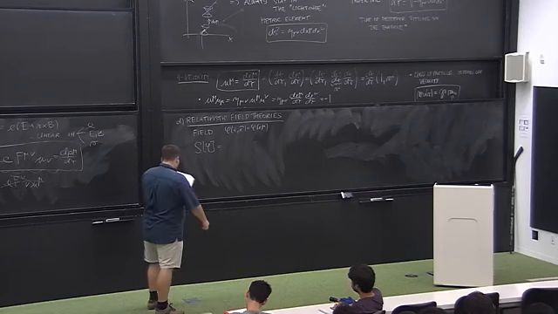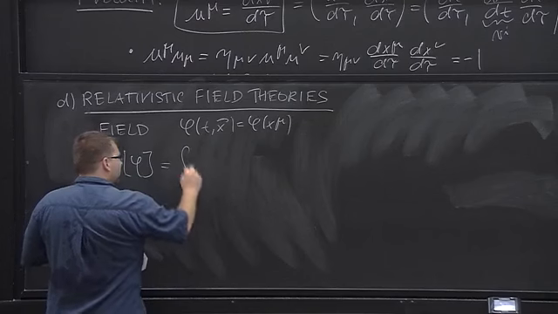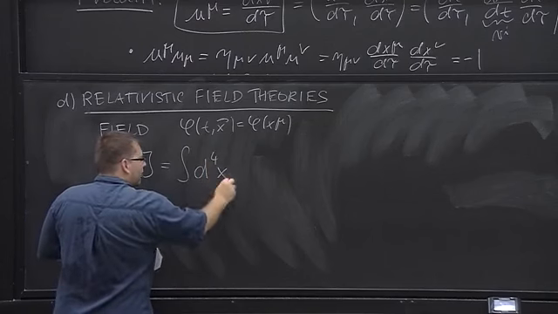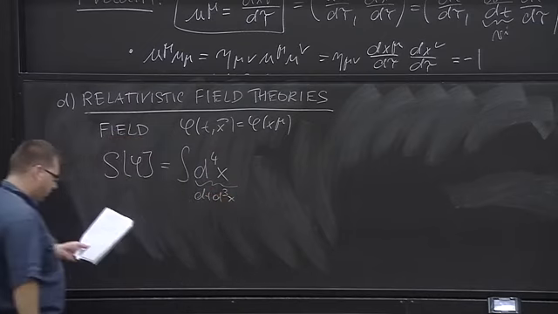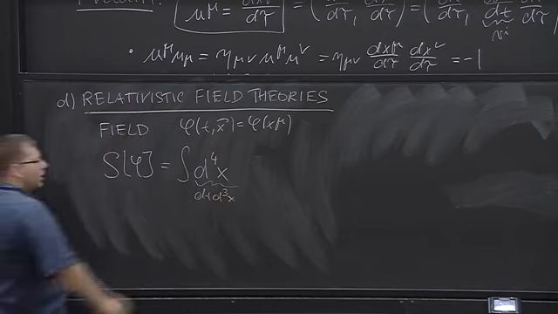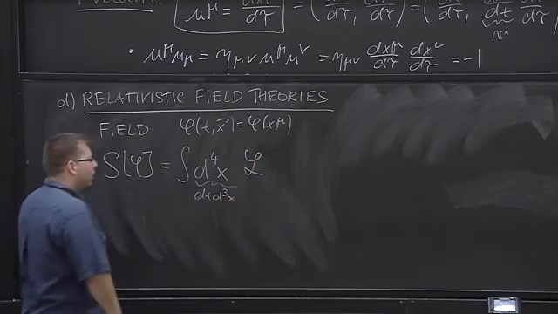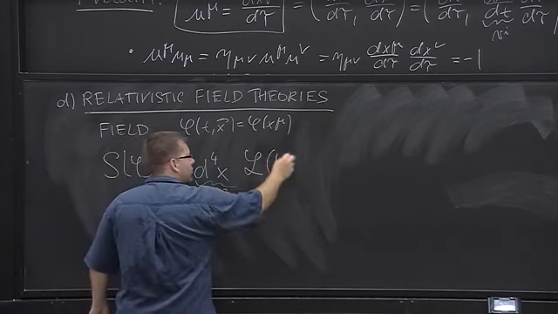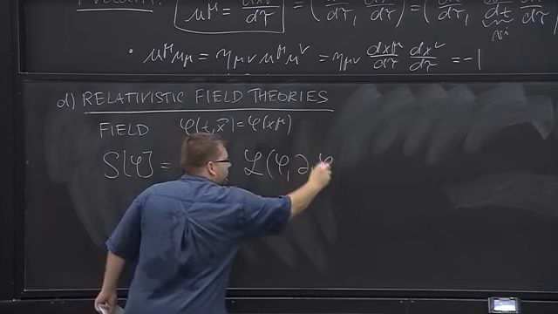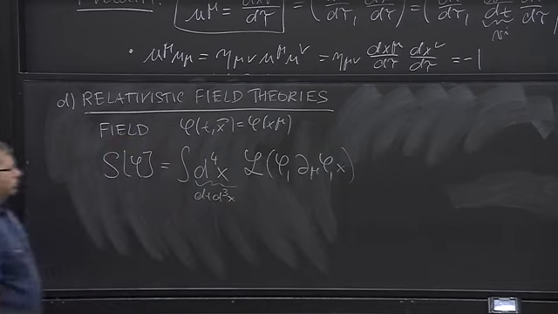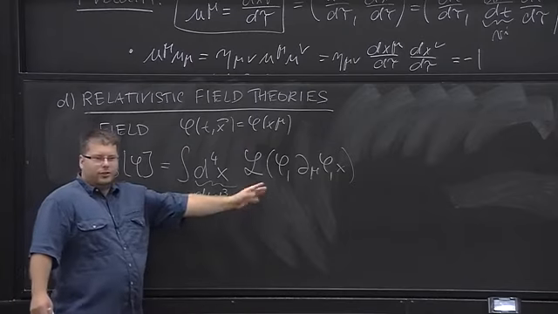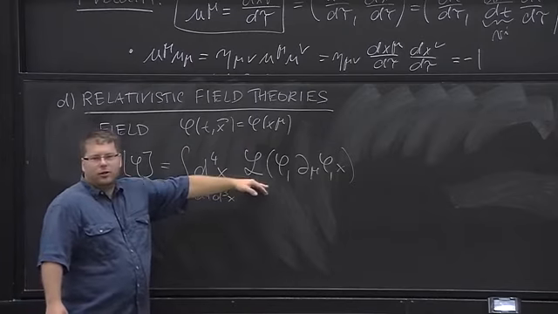If I combine everything here, it's d4x, so this is dt d3x. And then you have the corresponding Lagrangian density, L. This depends on phi, but may also depend on the derivatives of phi and may depend on x mu. Now you require that, in order for this to be a relativistic field theory, it respects the Lorentz invariance, that this is actually a Lorentz scalar.